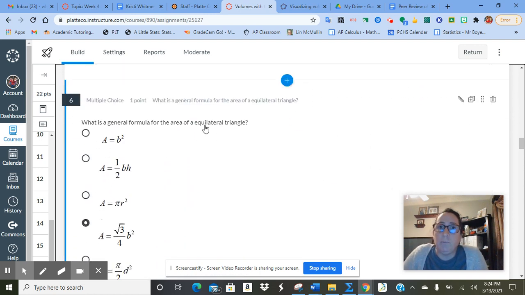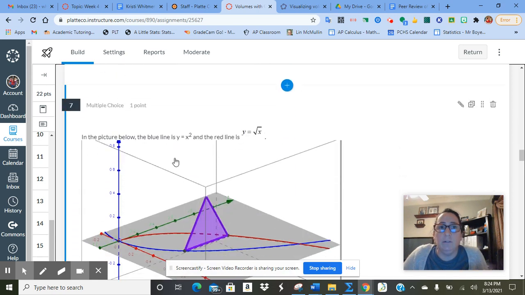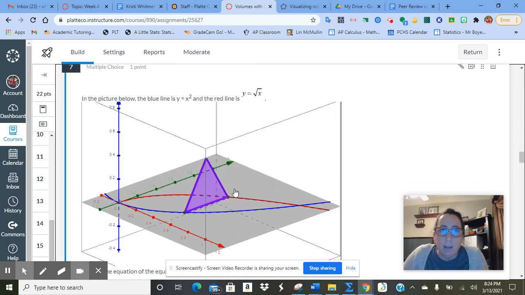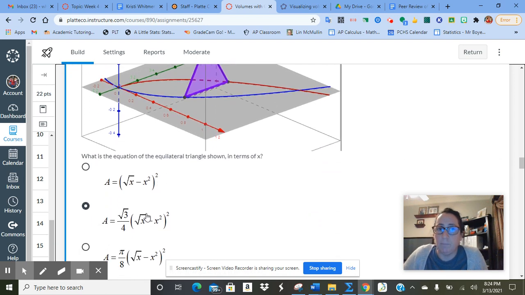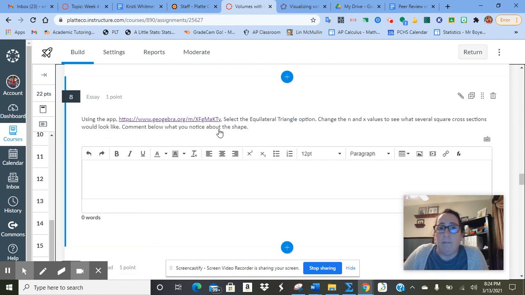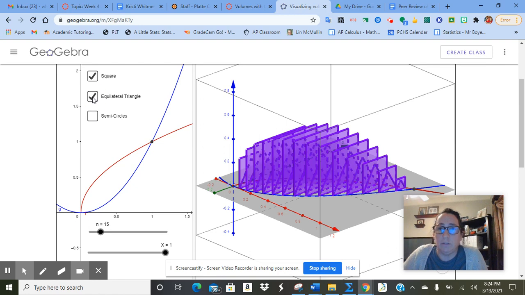Then we move on and we do equilateral triangles and move through that same process. First they get what they already know for an equilateral triangle, back from geometry. And then we do that in terms of x. So we take that first step. And then I have them go to that site again, but this time they're going to look with equilateral triangles.